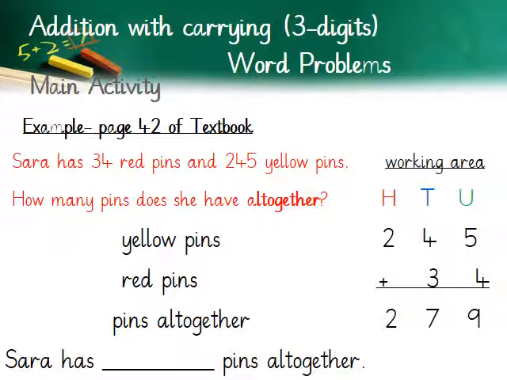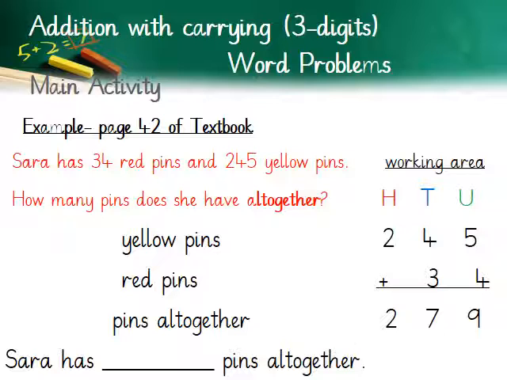Let's discuss this example from page number 42 of the textbook. The question states, Sarah has 34 red pins and 245 yellow pins. How many pins does she have altogether? Yes, there are two numbers given, one for red pins and one for yellow pins. First of all, you will make the statements.